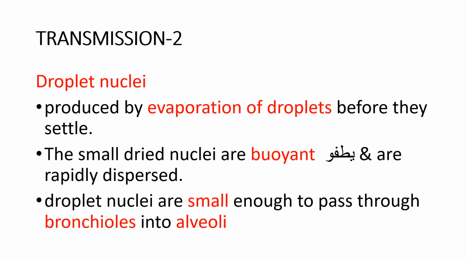Droplet nuclei are produced by evaporation of the droplets before they settle. The small dried nuclei are buoyant and are rapidly dispersed. Droplet nuclei are small enough to pass through bronchioles into alveoli.